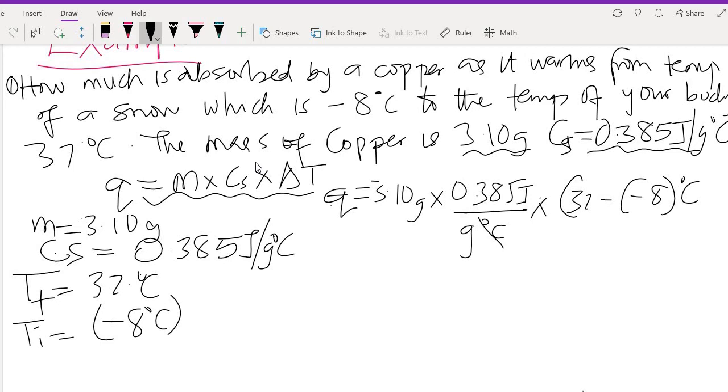So we have this going into this, and this grams goes away. So we're going to have 3.10 times 0.385 times 45.